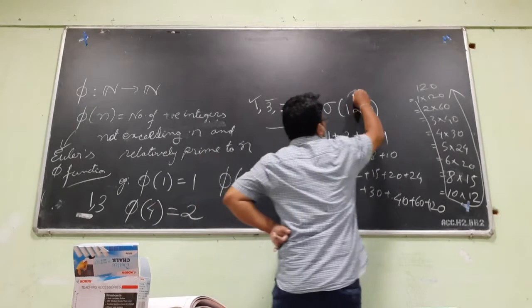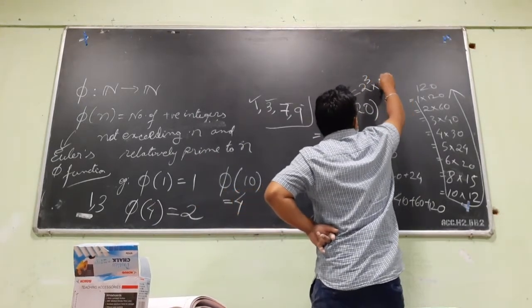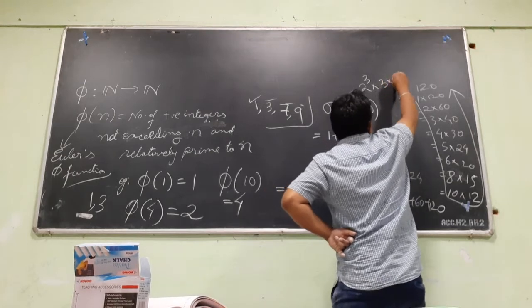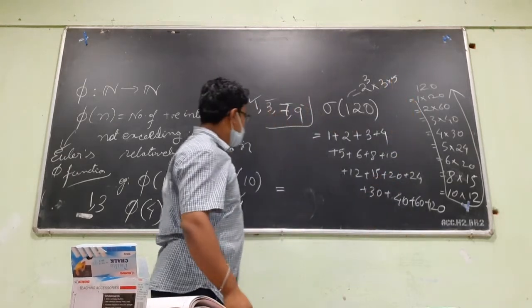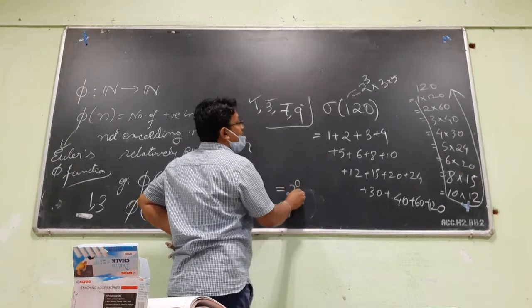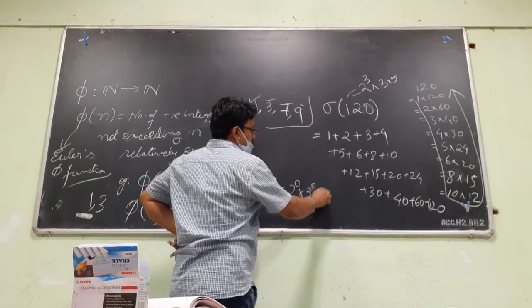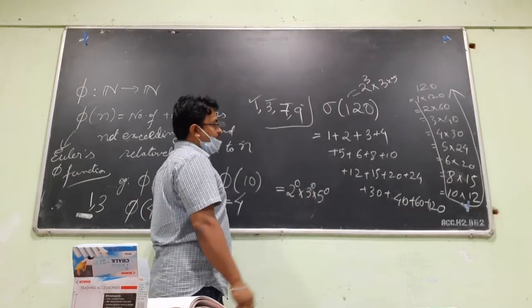If you factorize 120, it is of the form 2 cube into 3 into 5. So how can I write 1? I can write it as 2 to the power 0 into 3 to the power 0 into 5 to the power 0.